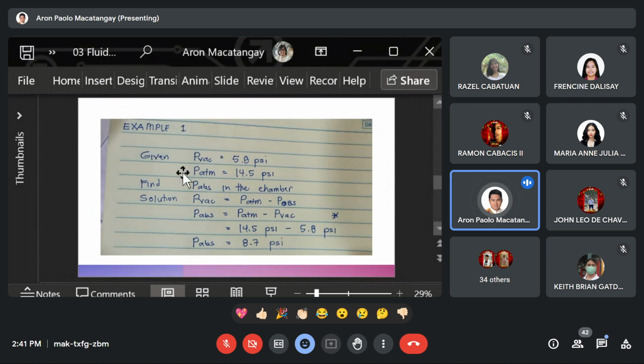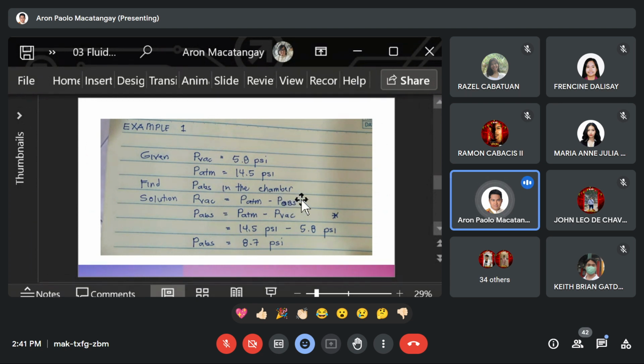How do we solve this? You have given a P vacuum, 5.8 psi, P atmospheric na 14.5 psi. Then hanapin daw yung P absolute pressure in the chamber. Okay, dahil P vacuum yan, you know na kailangan mo siyang ibawas sa P atmospheric. Okay? So, ito yung formula ng P vacuum.